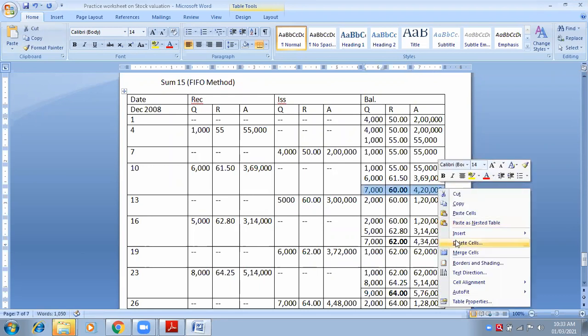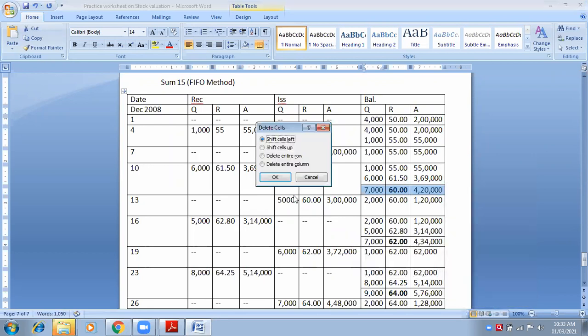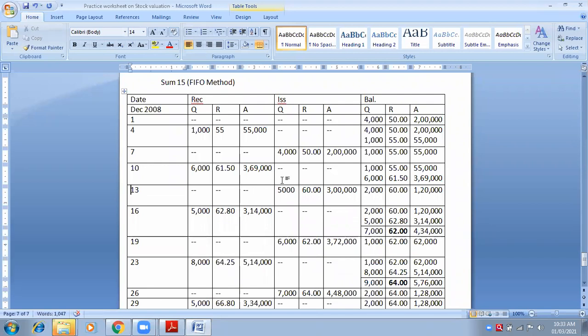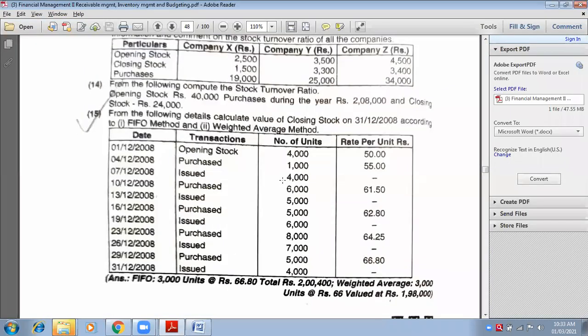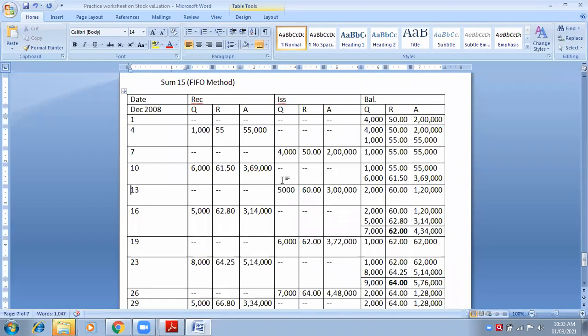We don't have to add them. This is not weighted average method, so don't make the mistake of adding. We just have to bring it down. Next date, 13th date. On 13th date, we need to issue 5,000 units. Are you with me?